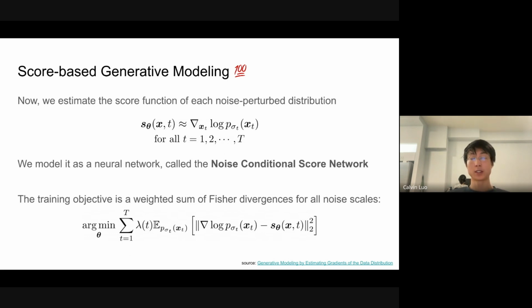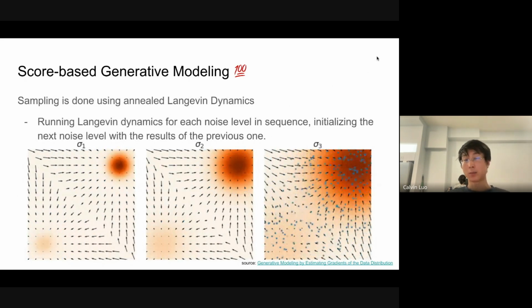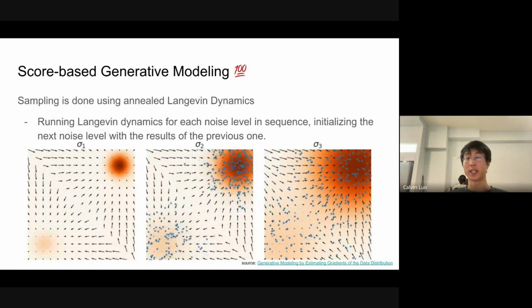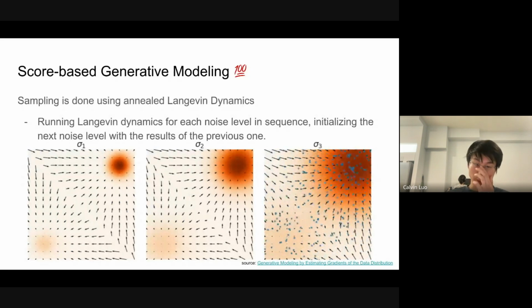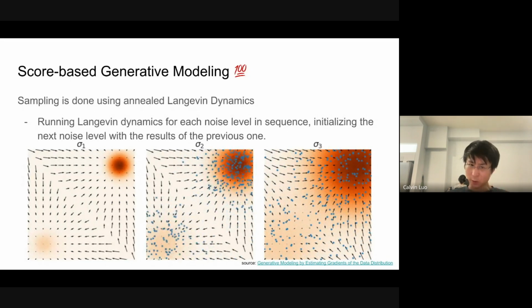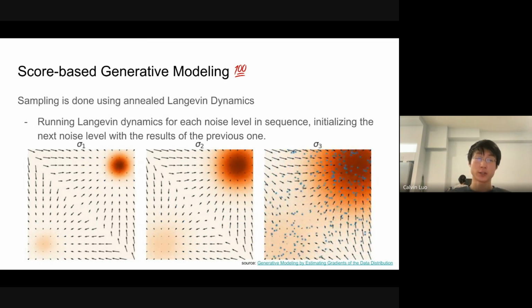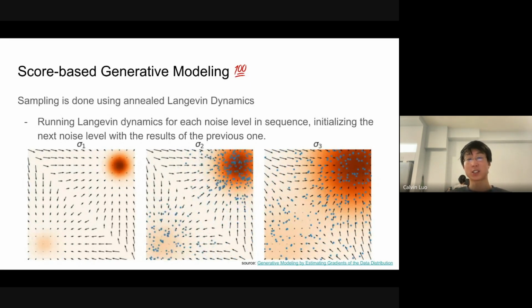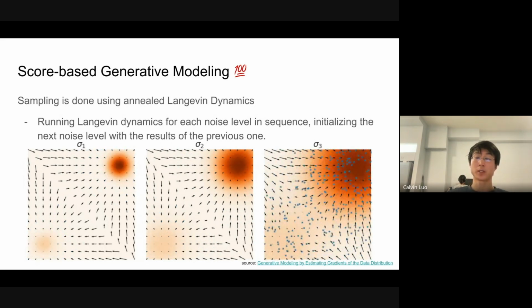And once we have these T noise conditioned score networks, we can once again perform sampling, this time not through vanilla Langevin dynamics, but through annealed Langevin dynamics sampling, which is basically saying, let's run Langevin dynamics sampling for each noise level in sequence, iteratively, where we initialize the next noise level's Langevin dynamics sampling with the results of the previous one.